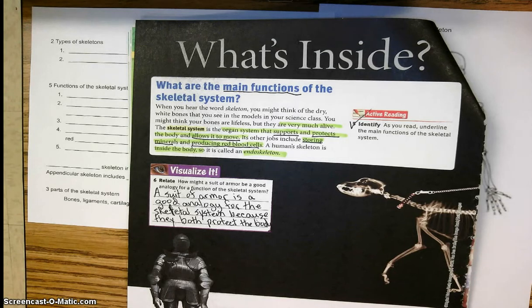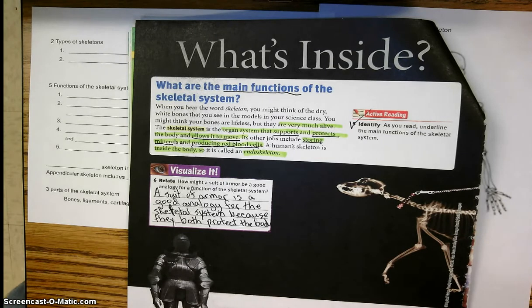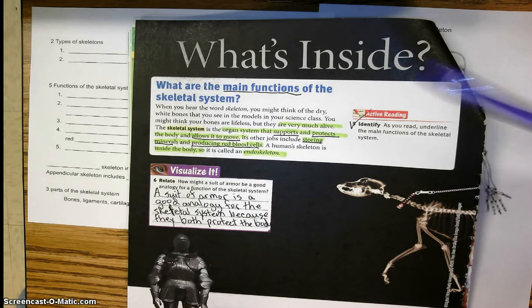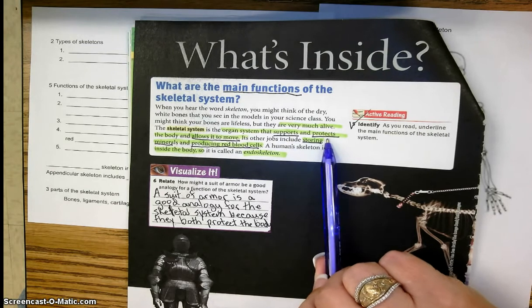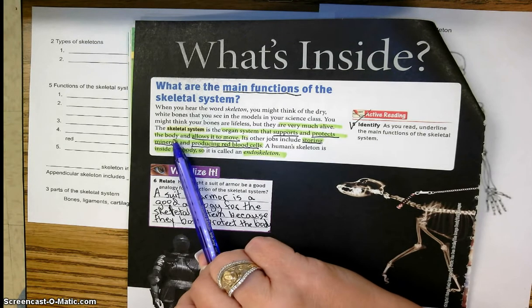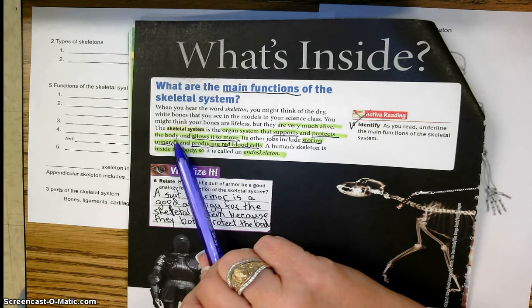We're going to be talking about the skeletal system today, what its main functions are, what the components or the parts are. And so this is on textbook page 432. The main function of your skeletal system is that it supports your body, it protects your body, specifically organs like your brain, your heart, your lungs.